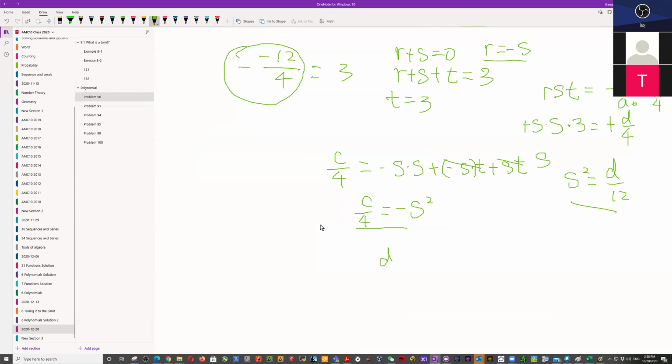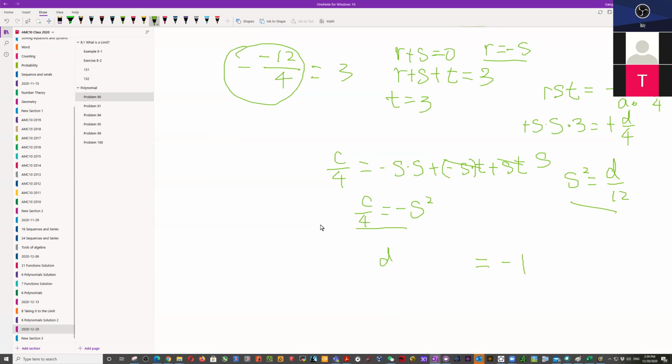So basically I can divide them by each other. I will get S squared divided by negative S squared, which is negative 1.